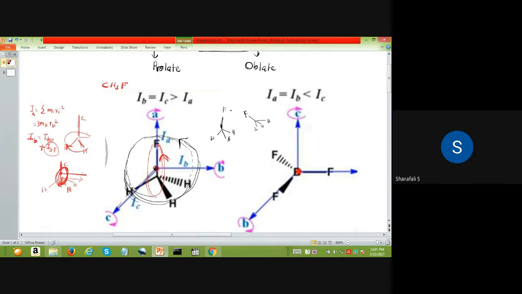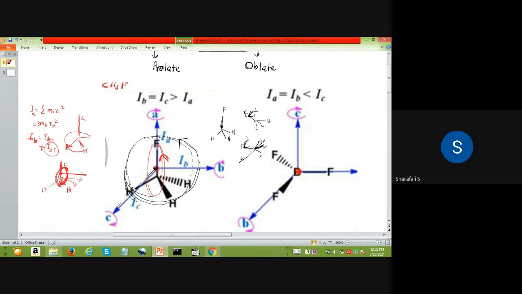So the fluorine atom is now rotated about this axis C like this. And the next time, the fluorine will be here, and your hydrogen atom will be somewhere here. Just drawing it roughly to show how it is going to happen. So initially, your fluorine atom was here, and then it will be here.